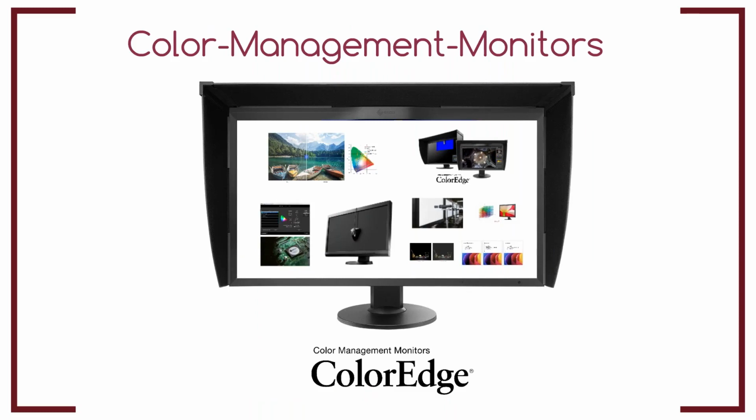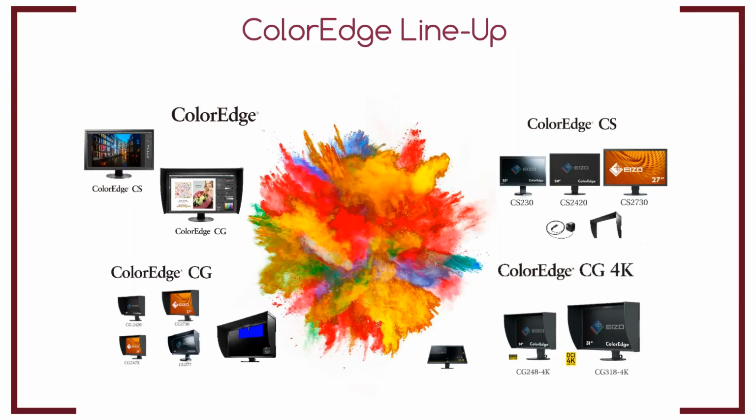Then we together take a look at the features which make the difference between a good office or business monitor and a graphics monitor, a monitor which is suitable for color management. And in the end, we take a short look at the complete ColorEdge lineup in EIZO's graphics monitor segment.